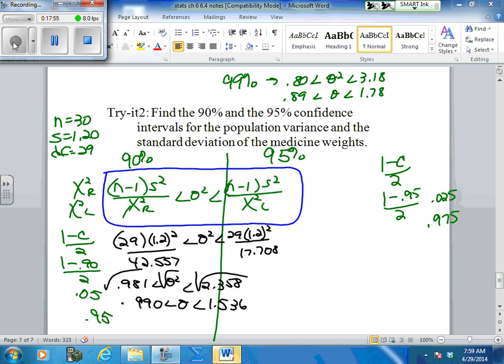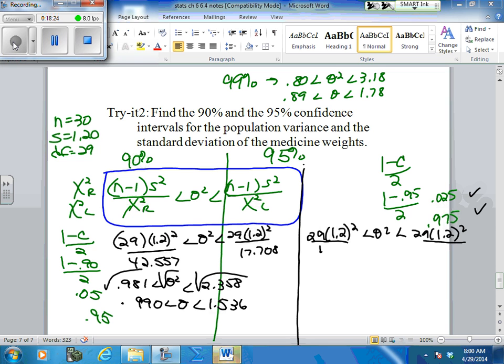Good? So for our 90, we're going to put this all on a number line as soon as we're done. For our 95, we keep the same numerator again. All we do is change your bottom numbers based on these two, and degrees of freedom of 29.